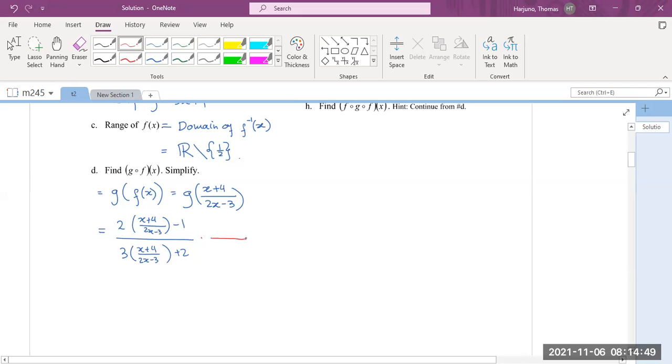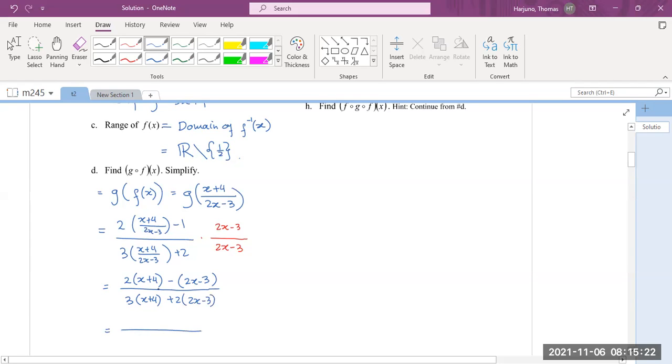Now then, multiply by the LCD over LCD, multiply by 1, right? That way, we can simplify the complex fractions. The top left will be 2 times (x plus 4). The top right is just (2x minus 3). Don't forget the parentheses. And 3 times (x plus 4) plus 2 times (2x minus 3).